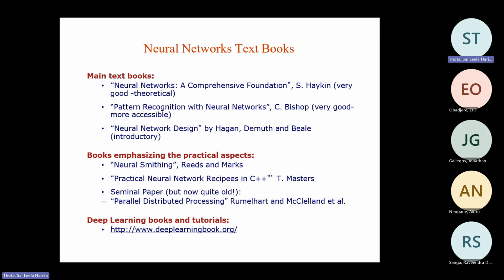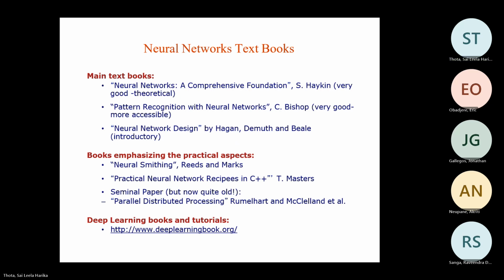If you have some time and are interested in learning about neural networks, just prefer these textbooks. These slides I already uploaded in Blackboard, so you can search in Google and find the books. There are also some special books related to pattern recognition, so if anyone wants to learn about pattern recognition, you can read the book specific to that area.